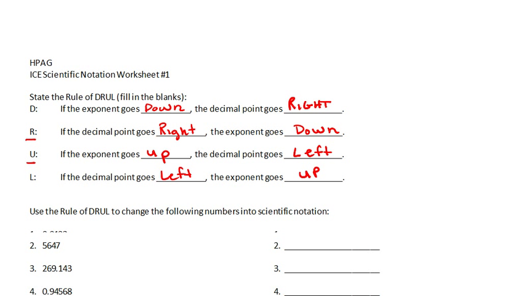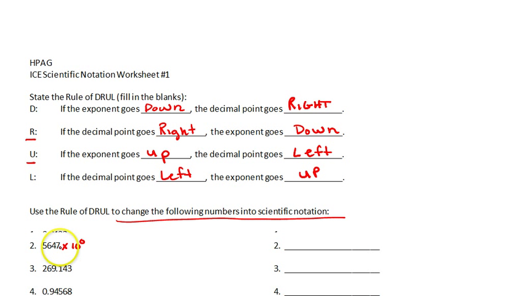Here's my first number, 5,647. It's not in scientific notation form, and it says change the following numbers into scientific notation. So, in a way, this is like 10 to the 0. It's not quite in scientific notation because I need to move my decimal point.